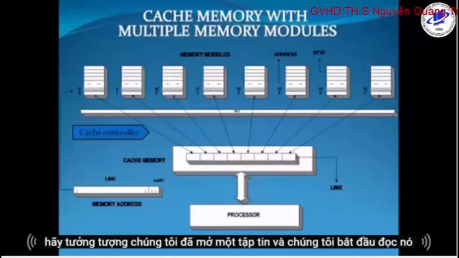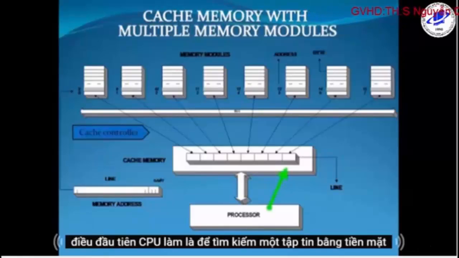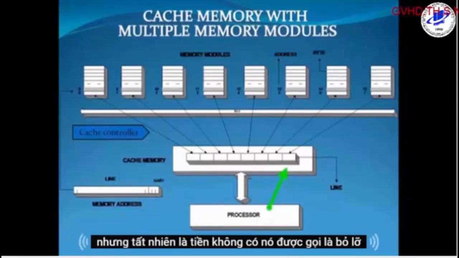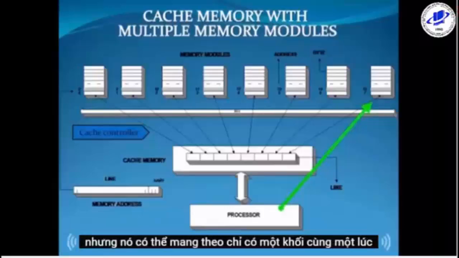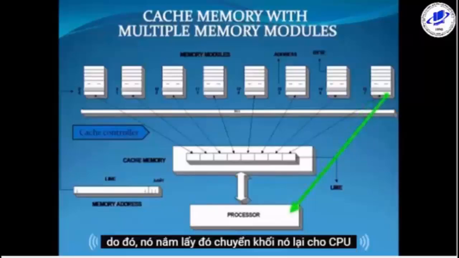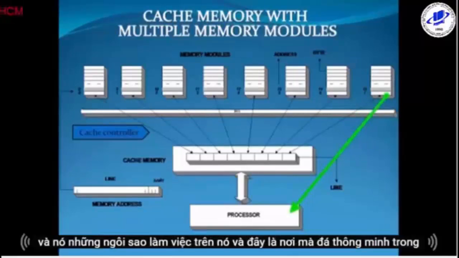Let's imagine we have opened a file, and we start reading it. The first thing the CPU does is to search for the file in cache, but of course the cache doesn't have it. That is called a miss. So in the second process the CPU goes to RAM and finds it in there, but it can bring over only one block at a time. So it grabs hold of that block, transfers it back to the CPU, and it starts working on it.